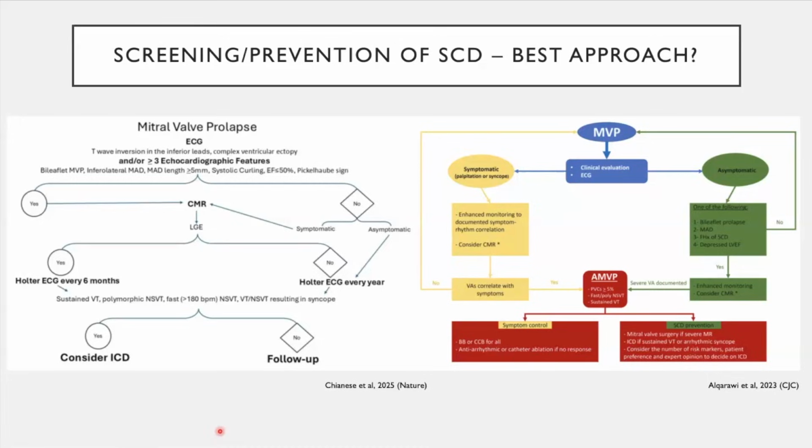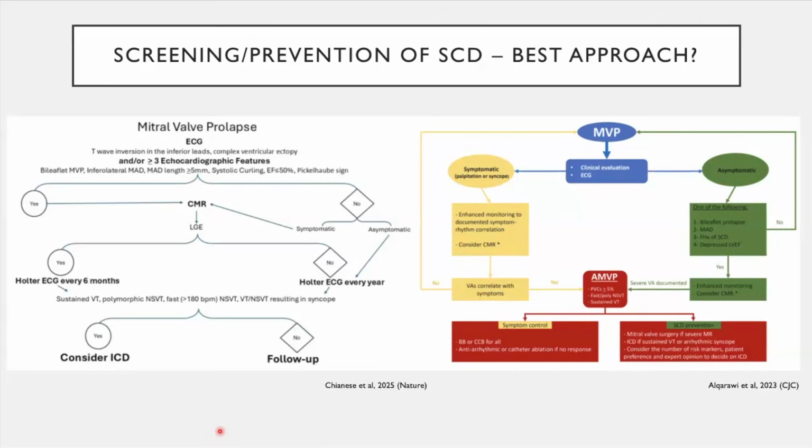I think the management becomes a little bit more clear if we're talking about secondary prevention ICDs. If you have someone who has a cardiac arrest from a ventricular arrhythmia or sustained ventricular arrhythmia, the discussion may be a little bit easier. But really the question is, you have these patients with high burden of PVCs, complex PVCs, lots of NSVT, and some symptoms, where you're still thinking more about a primary prevention device.